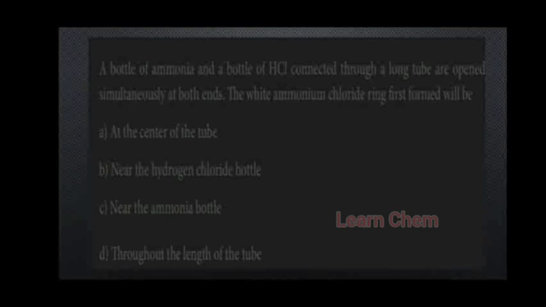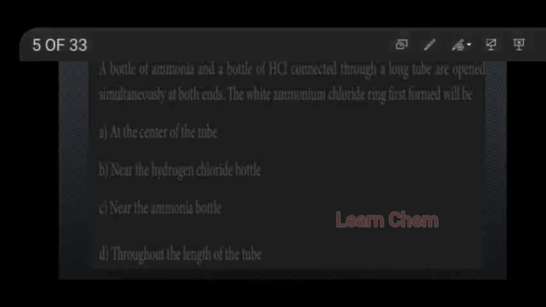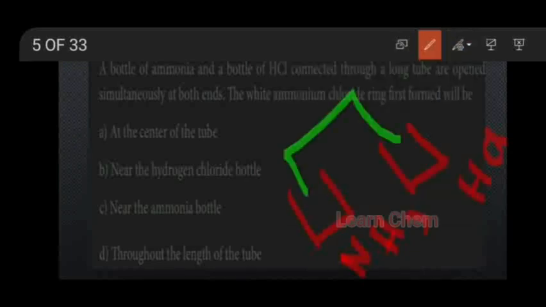How to solve this problem? Before solving, we have to understand the problem thoroughly. There are two bottles, A and B. Bottle A contains NH3 and bottle B contains HCl gas, and these two are connected through a tube. The product formed is ammonium chloride, which is white in color.